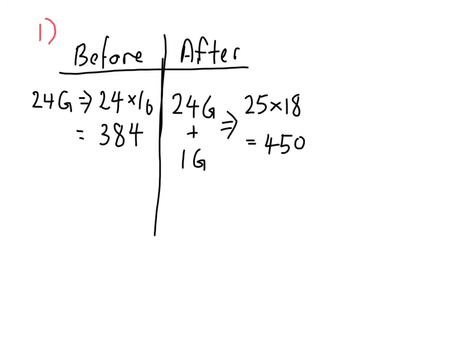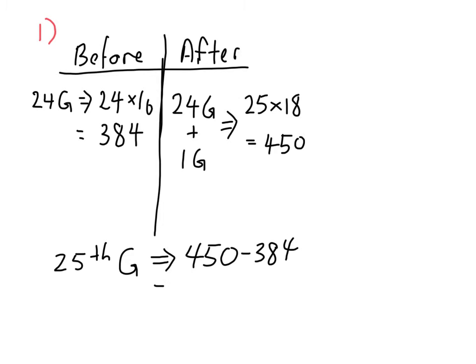So in the 25th group, the number of children should be 450 minus 384. I get 66. Okay, like that, you understand?